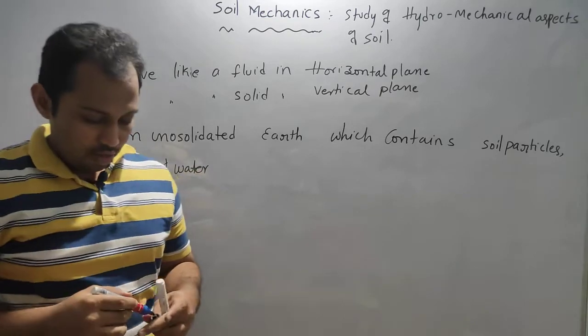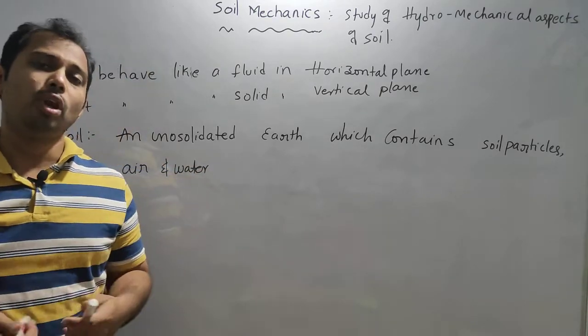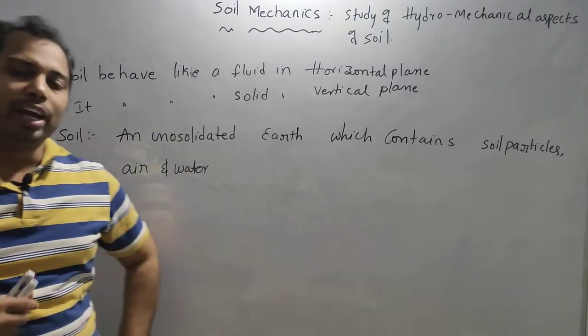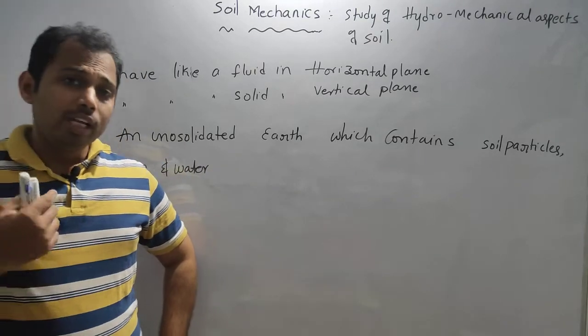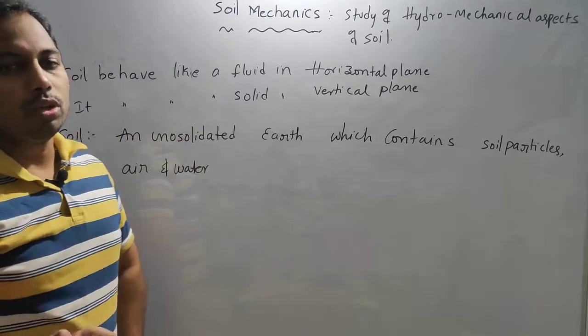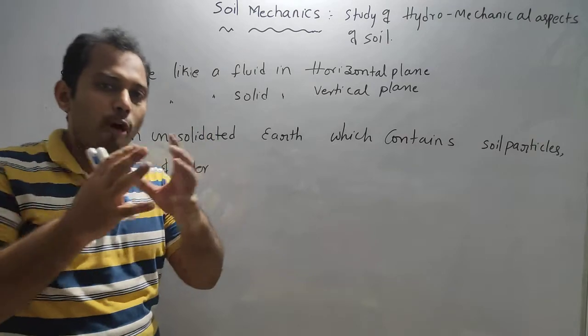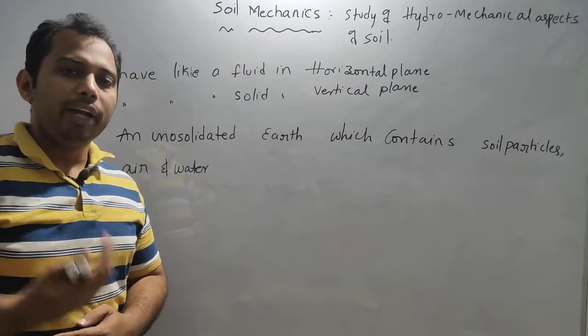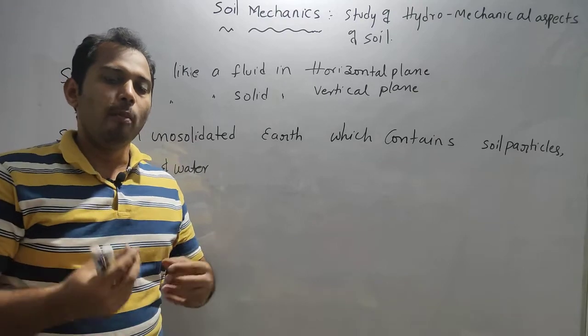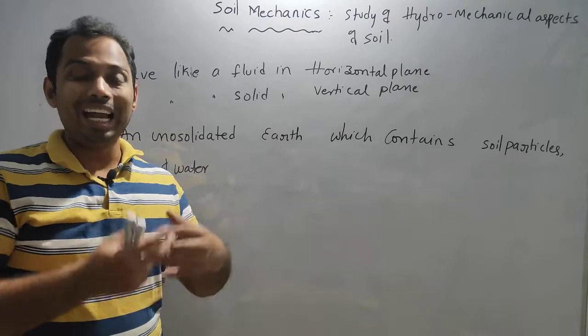Why are we saying it is an unconsolidated material? Because if it is a consolidated material, it is nothing but a rock. If it is consolidated, that means it is compacted, and a compacted one we define as a rock. It is not soil. Soil will be in a loose, divided form.